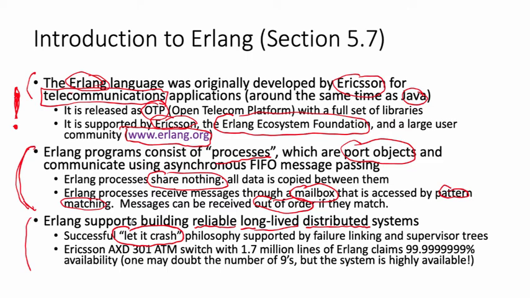It has very interesting support. It has failure linking. That means if you have two Erlang processes and you link them together, if one of them crashes, then automatically the system will send a message to the other one so it can recover. So the processes are linked with the failures. And also you have supervisor trees.